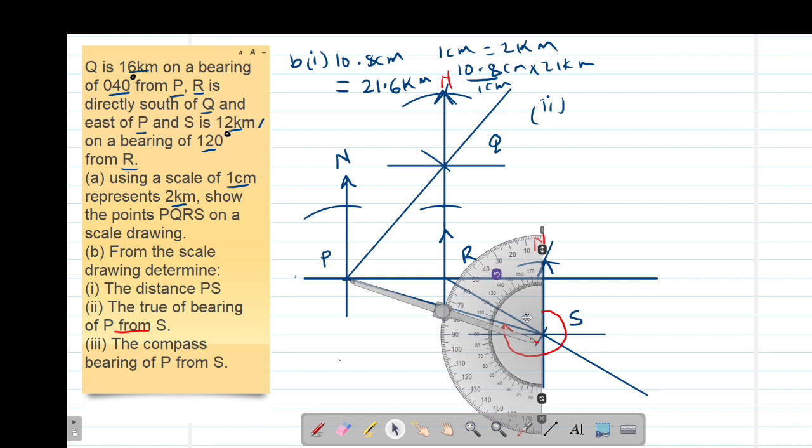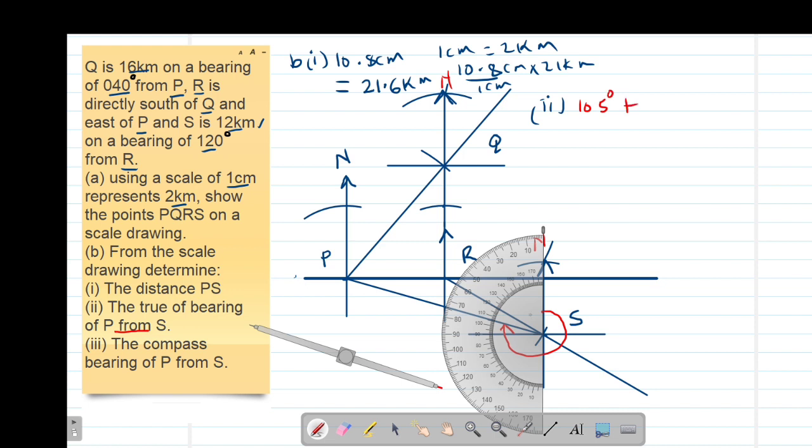So let me measure it and find its value. So this angle up to this line, if I'm using the inner scale, I can say this is 100, this is 110. So it is in between 100 and 110, which is 105 degrees. So the angle is 105 degrees.